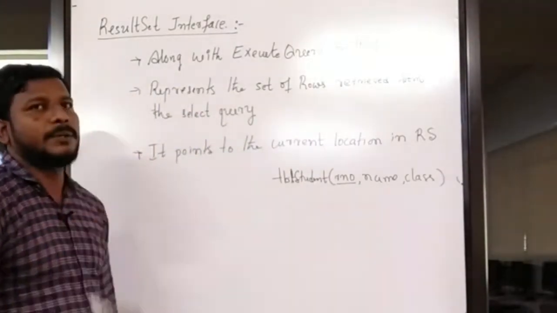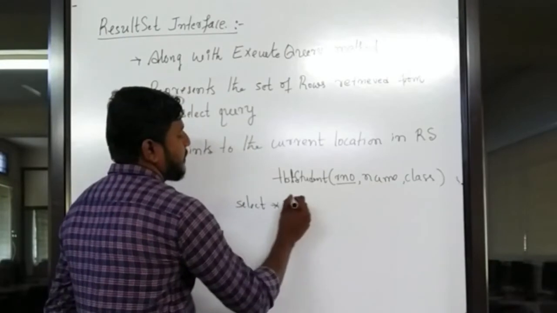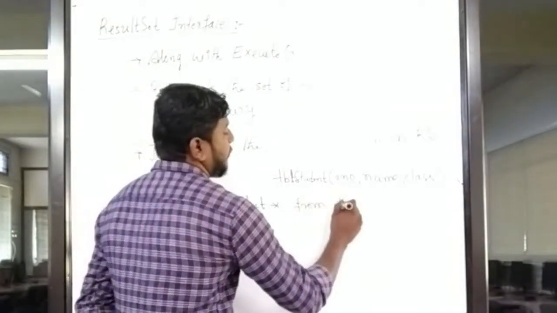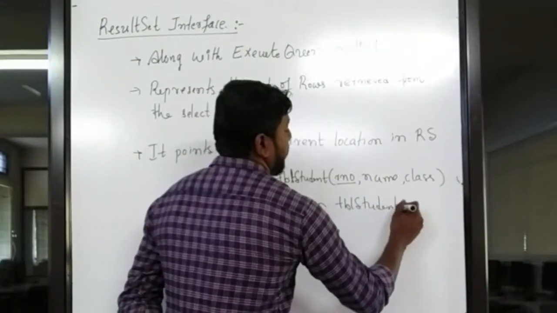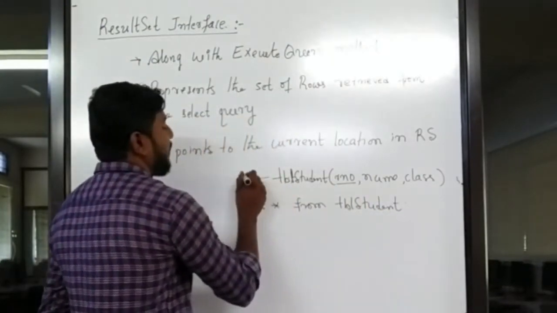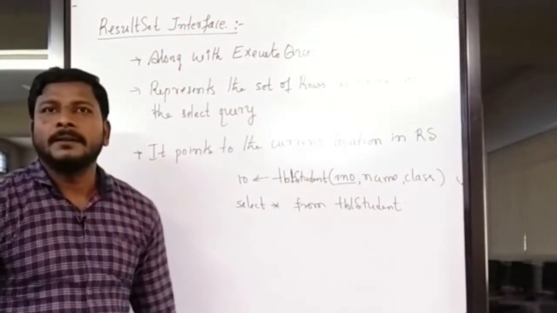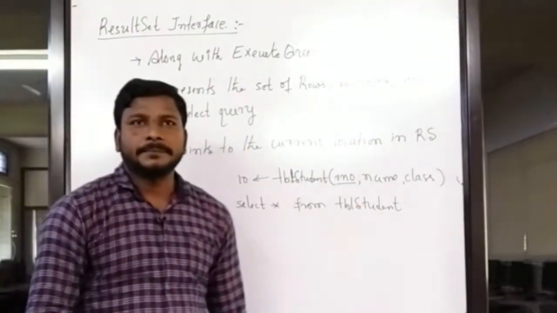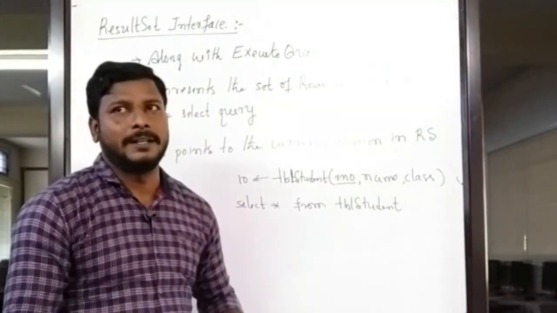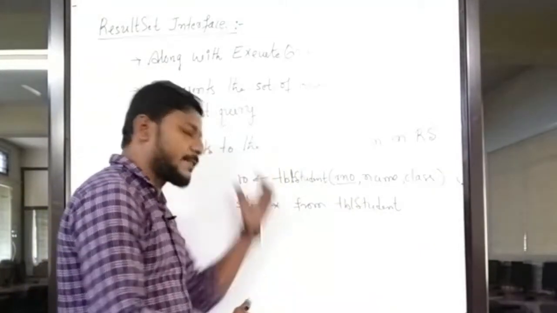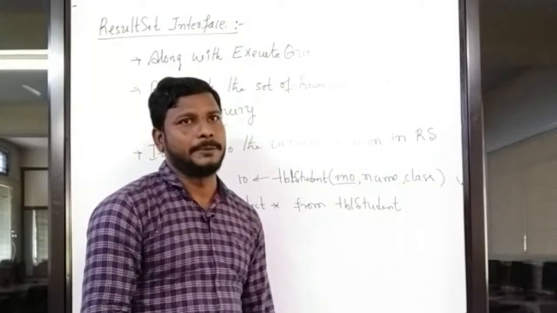You executed a query like select star from TBL student, and just assume that it has 10 rows already. What is the result you will get? Those 10 rows you will get along with all the columns. In the first column you will get 10 roll numbers, then 10 names and 10 classes, right?